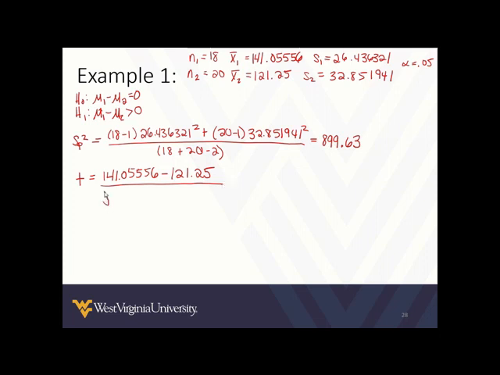So our two sample means subtracted, all divided by the square root of our pooled variance, 899.63 multiplied by 1 over 18 plus 1 over 20. And if we type this all into our calculators, we are going to get a test statistic of 2.03.